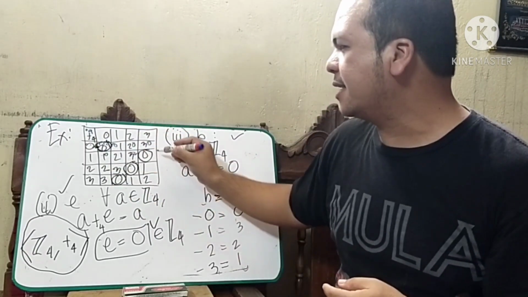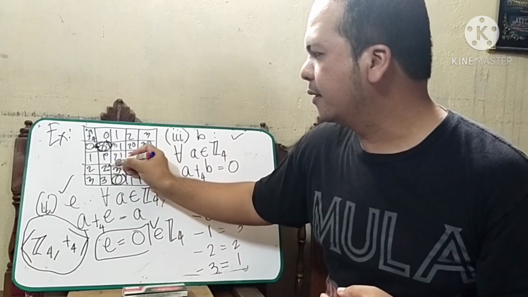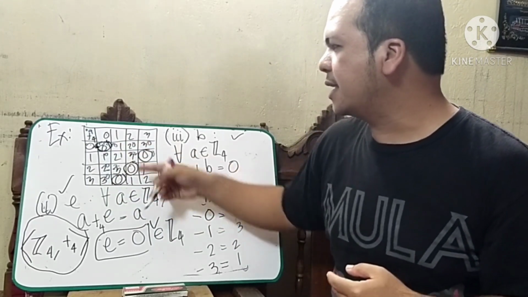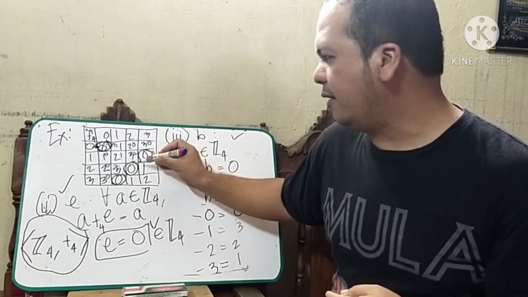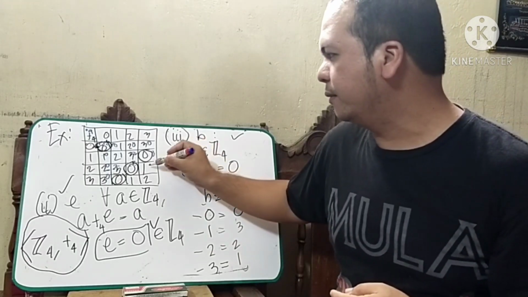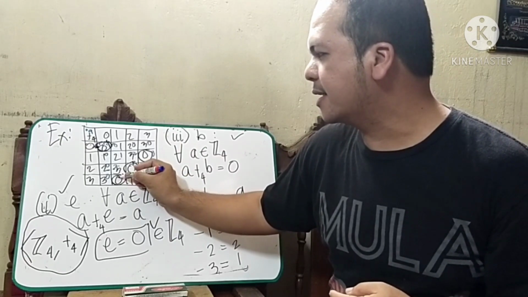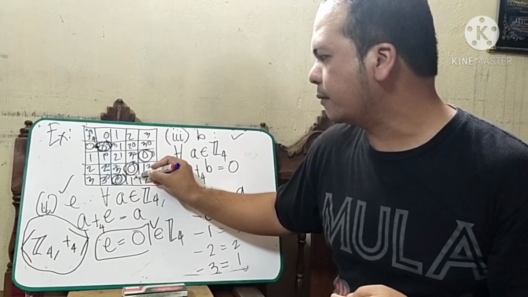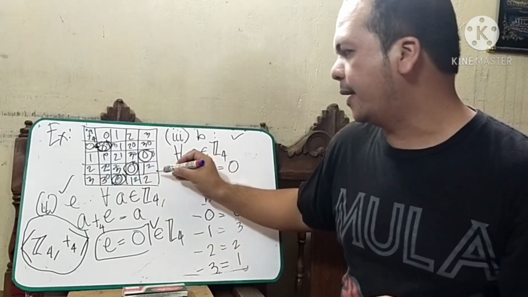And 1 times 3 is 3. 2 times 0 is 0. 2 times 1 is 2. 2 times 2 is 4, modulo 4 is 0. 2 times 3 is 6, modulo 4 is 2. 3 times 0 is 0. 3 times 1 is 3. 3 times 2 is 6, modulo 4 is 2. And 3 times 3 is 9, modulo 4 is 1.